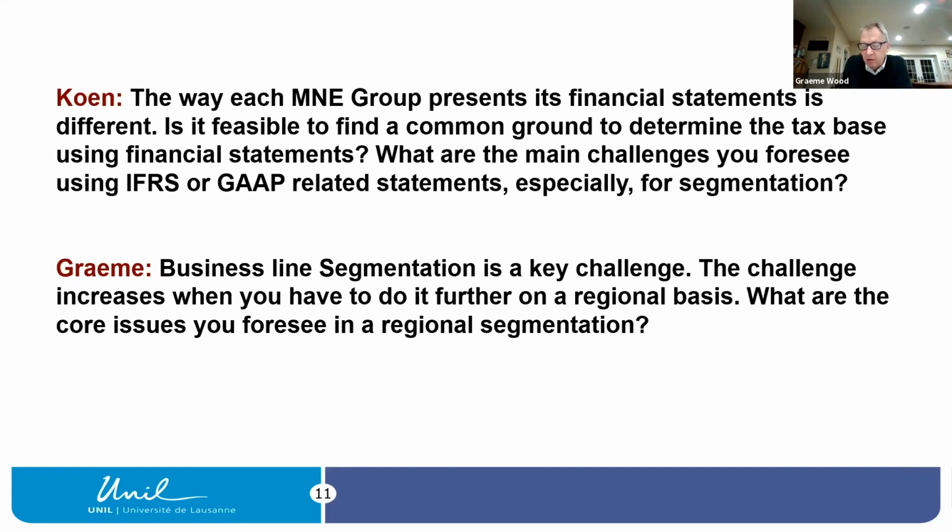But I think it's possible to do it. I think that there needs to be a relatively simple methodology and a consistent methodology applied in terms of determining the attribution or allocation of costs to different regional segments. But if your business is managed that way, I think a company would be prepared to do it. Certainly from my perspective, we would be prepared to do it if it was appropriate.